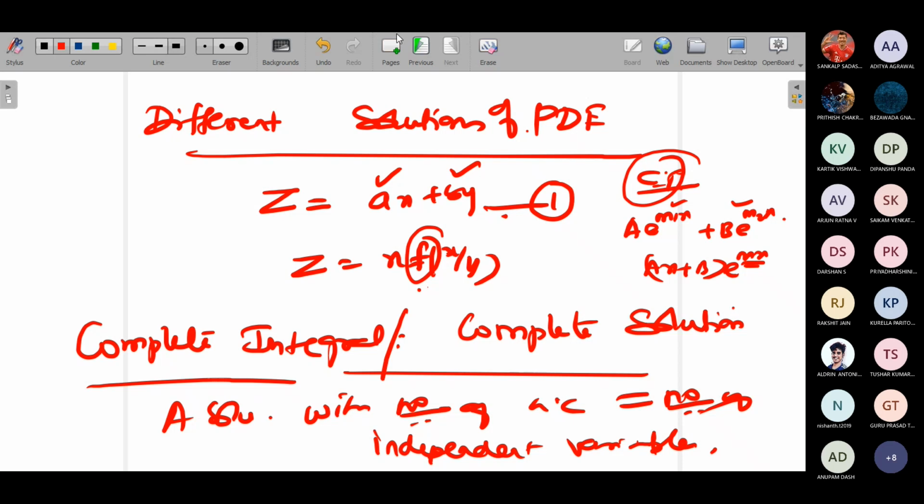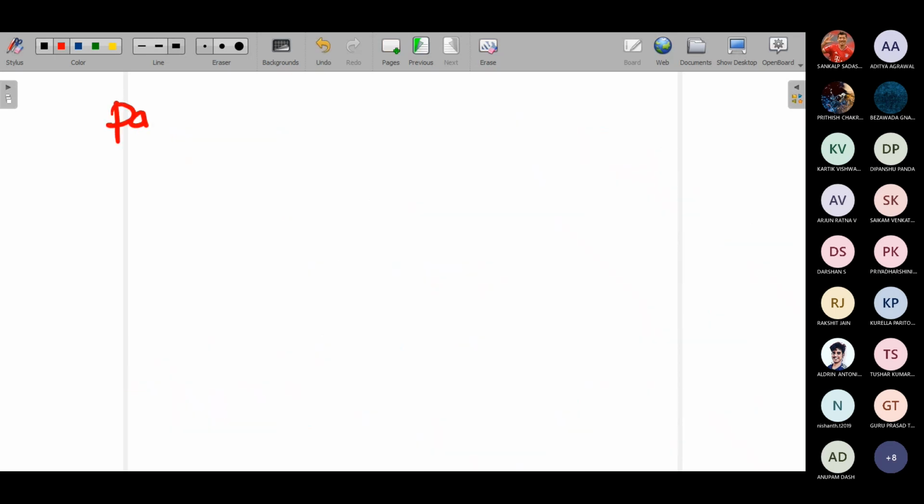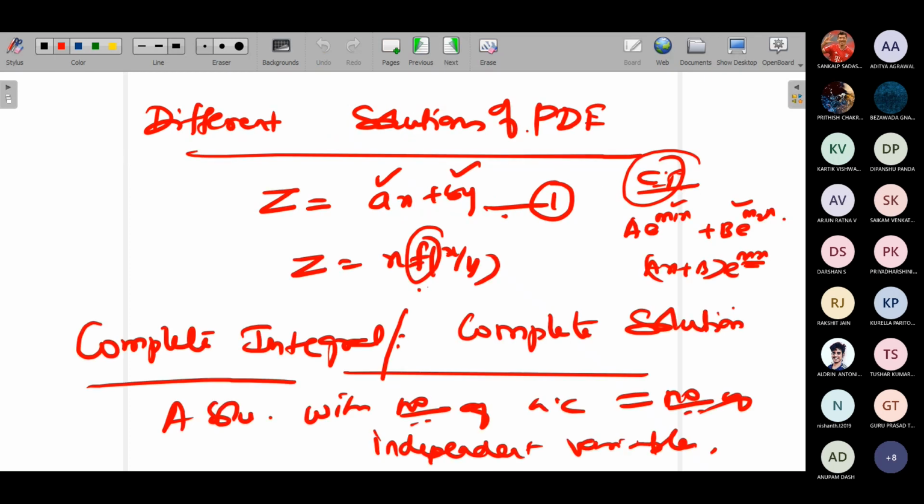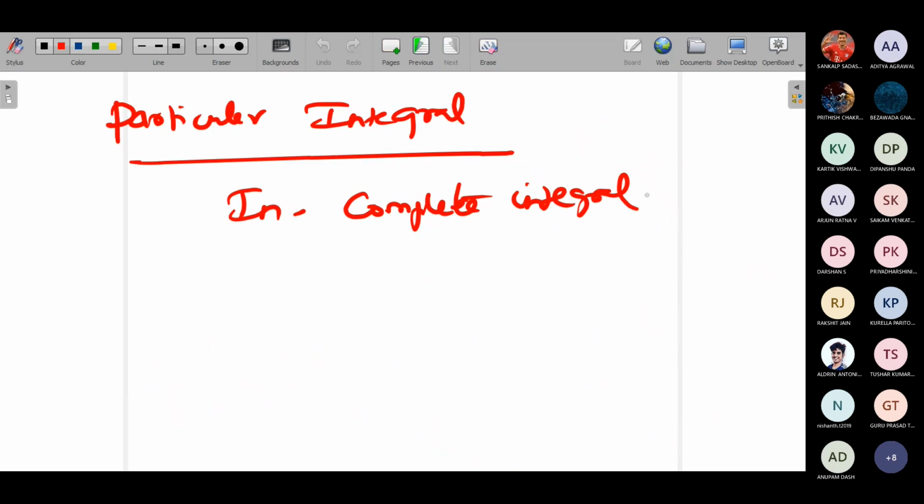Okay. So next one, we are going to talk about particular integral. Next type of solution is particular integral. Okay. In complete integral, what do you have? You have arbitrary constants. If you find the values for these arbitrary constants, then that is your particular integral.